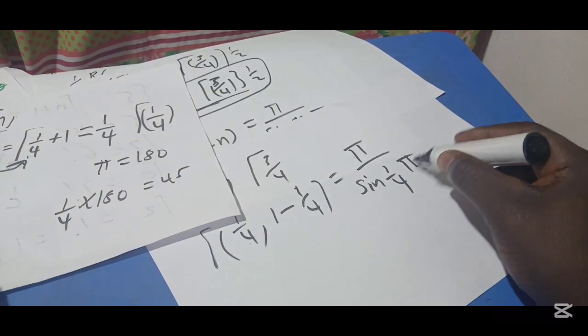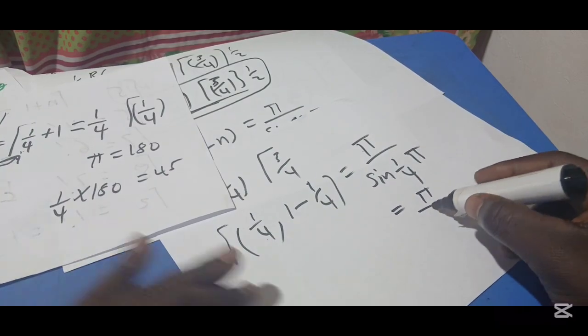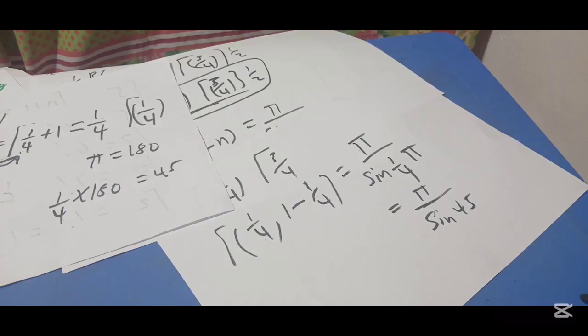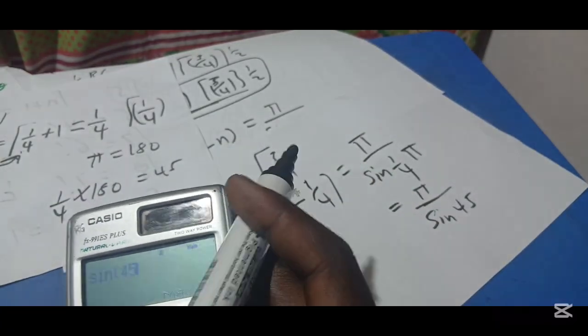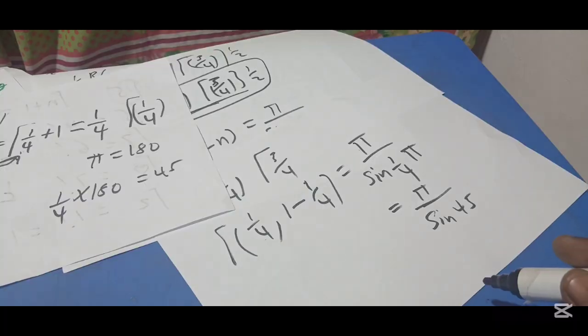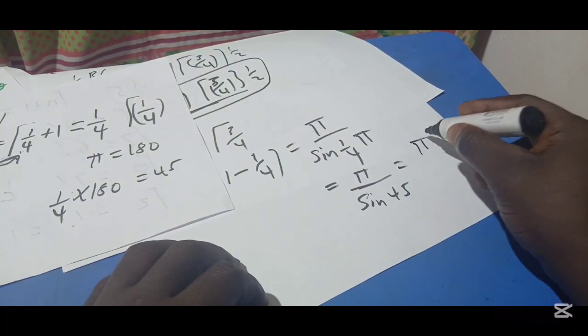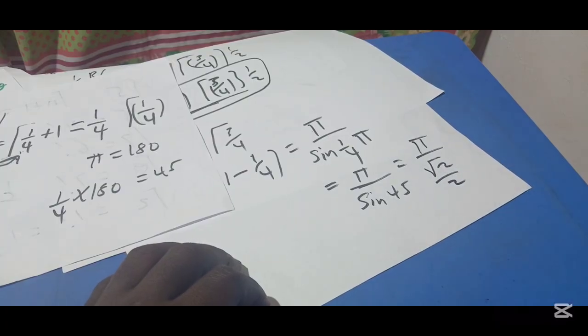Then 1 on 4 pi is 45, and we take sine of that. So sine 45. What's the value of sine 45? Square root of 2 on 2. So this expression right here equals pi all over square root of 2 on 2.